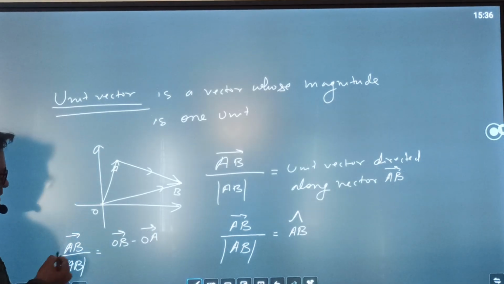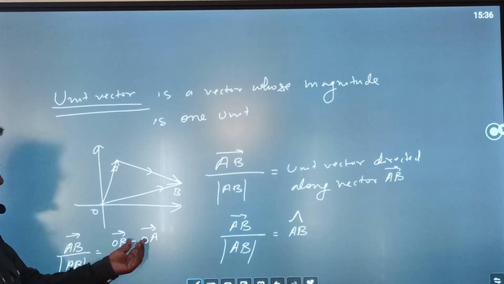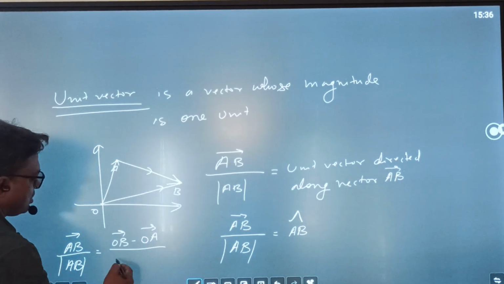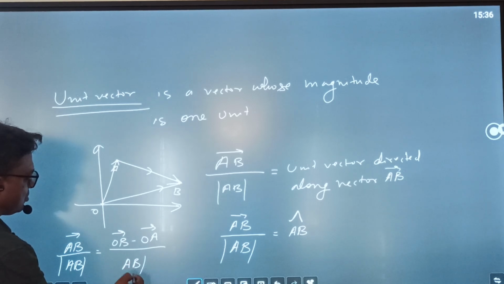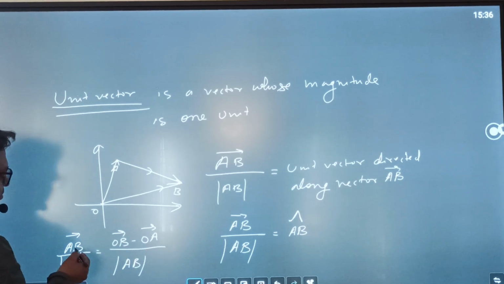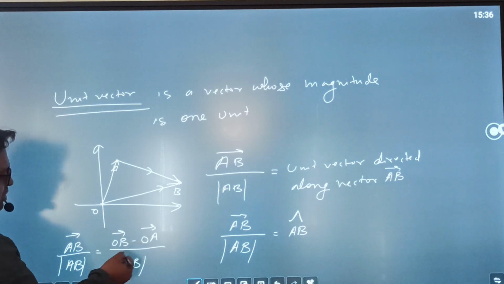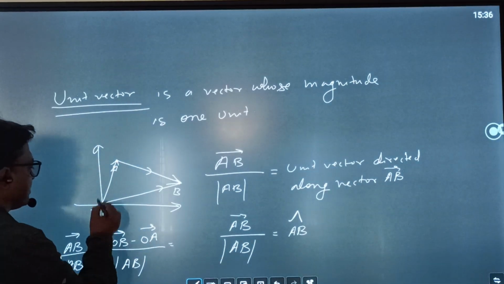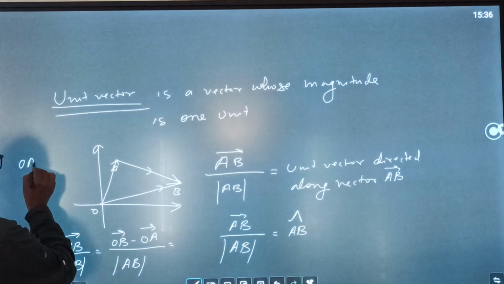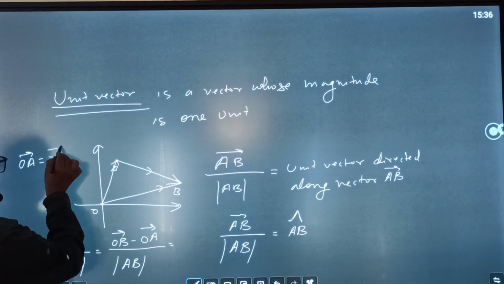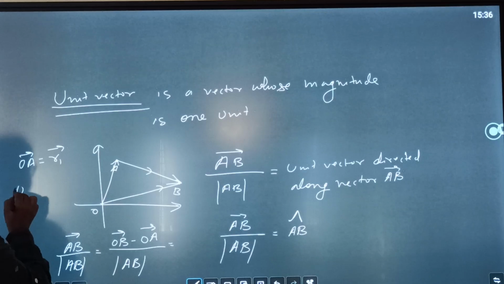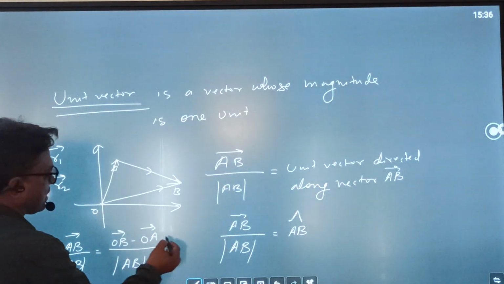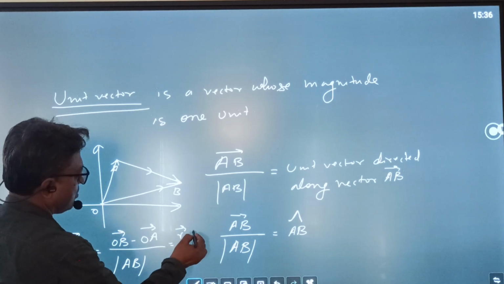Vector AB, that is displacement vector AB, is equal to position vector of B minus position vector of A, divided by magnitude. So we can write this way also. The same thing we are writing, whether AB or OB minus OA, it is same thing. Even if I give some other symbol, suppose I term vector OA as R1, that is initial position vector, and vector OB as R2, that is final position vector, we can write it like this also, R2 minus R1.